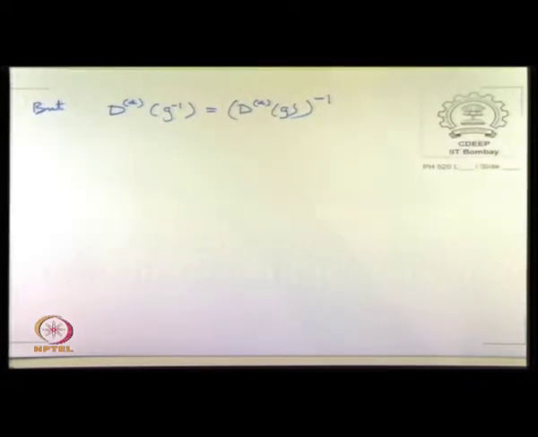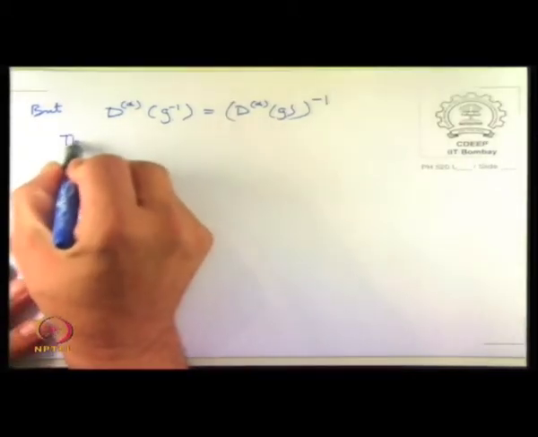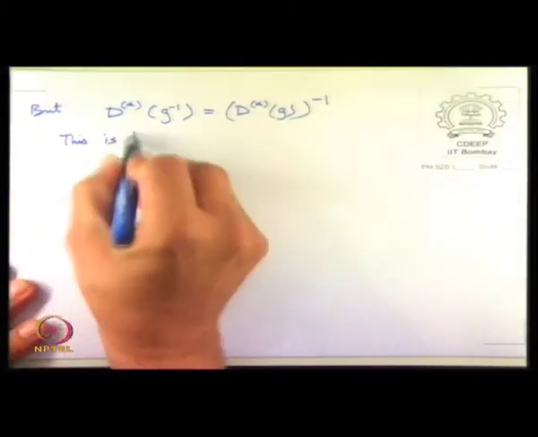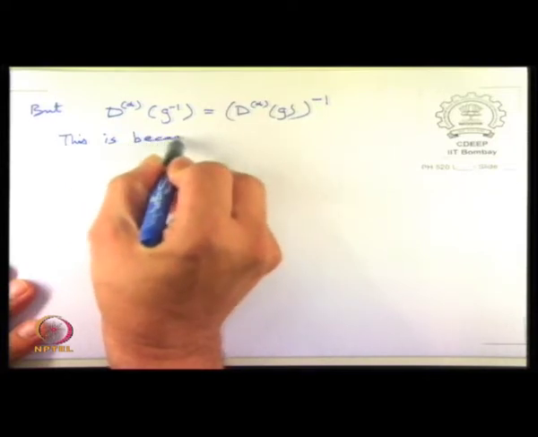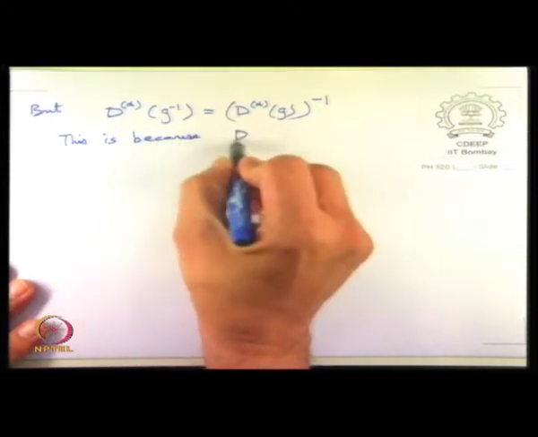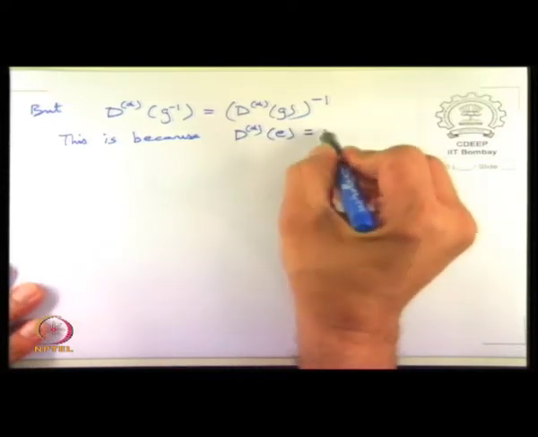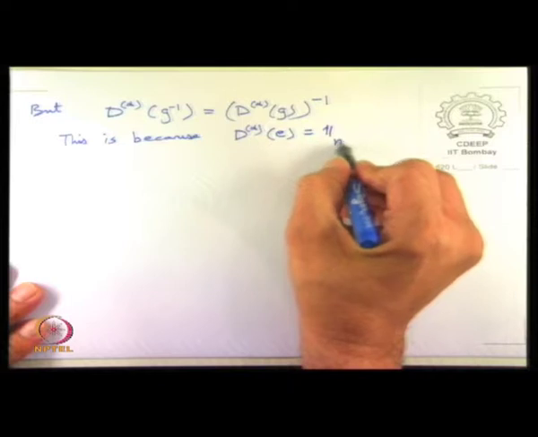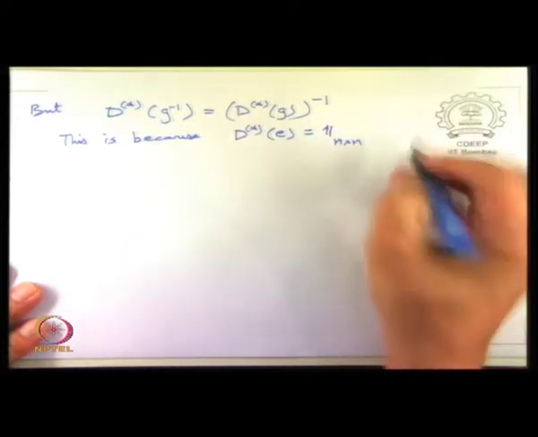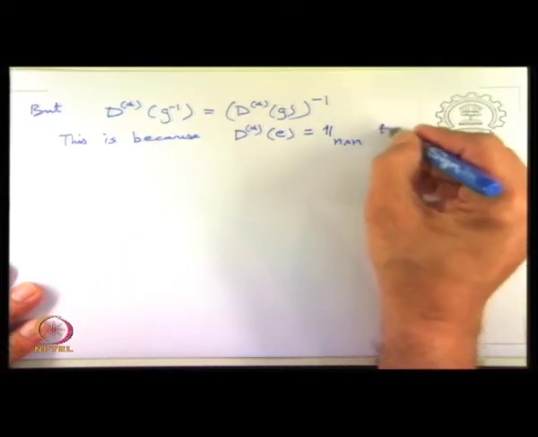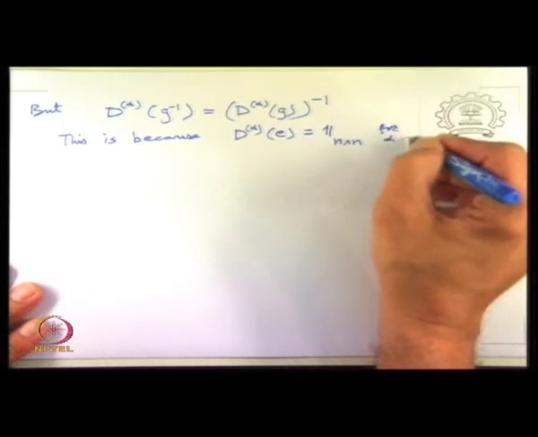This is because you have to get the identity matrix out of this multiplication. So if it is the inverse, this is because D alpha of identity is simply equal to n by n for alpha n dimensional.